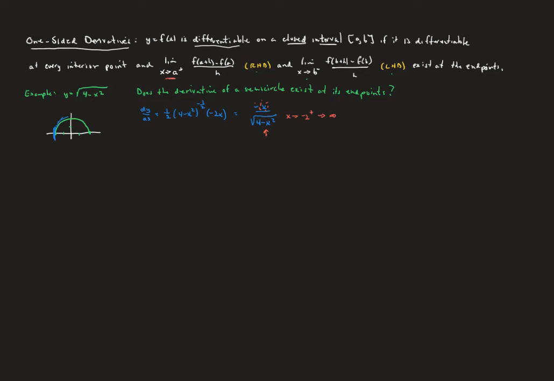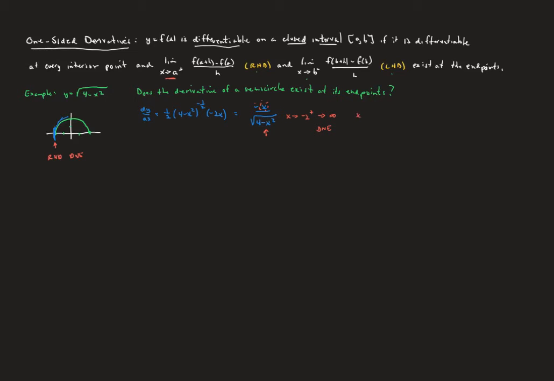But whether it's positive or negative infinity, either way, that limit is not going to exist, which means this right-hand derivative does not exist. And so the derivative of that semicircle at that left endpoint doesn't exist. We could also say then that this function is not differentiable at x equals negative 2.